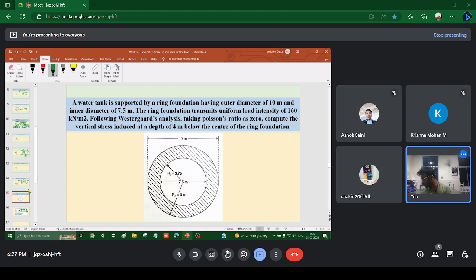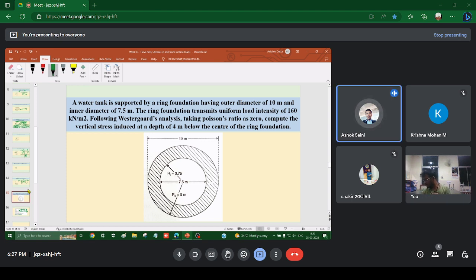You first tell me what is the formula for Westergaard circular load. Q bracket 1 minus cos cube theta. Just a moment. Yes, for circular load, what is the value?